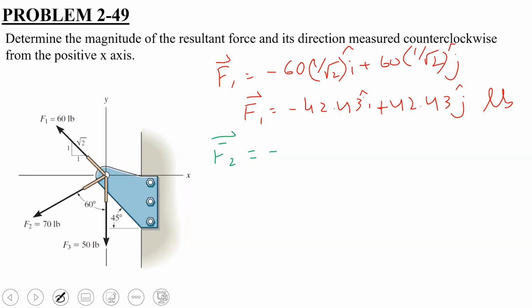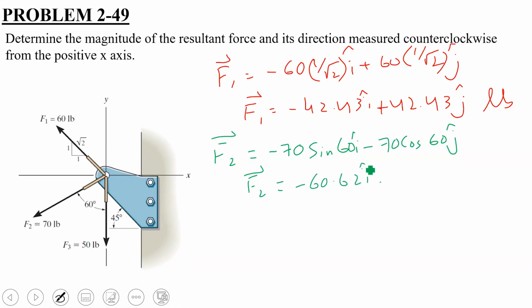So we can write it as minus 70 sin 60 i minus 70 cos 60 j. By putting in the values of sine and cosine, F2 comes out to be minus 60.62 i minus 35 j, and the units are pounds.